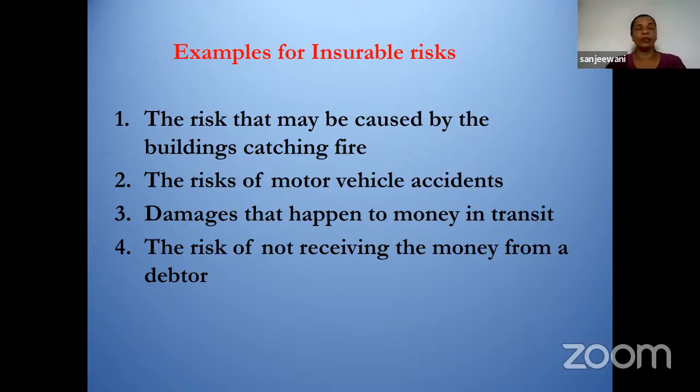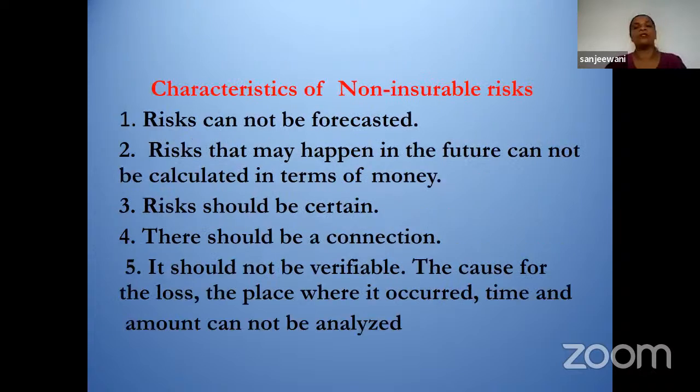Now I told you, two types of risk, insurable and non-insurable. So what are the characteristics of non-insurable risk? Now the opposite of those characteristics of insurable risk can be taken as characteristics of non-insurable risk, right? Now risk cannot be forecasted, right? So insurable risk you can forecast, but here you cannot forecast.